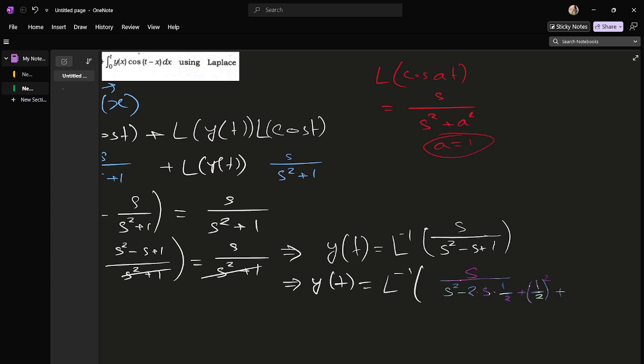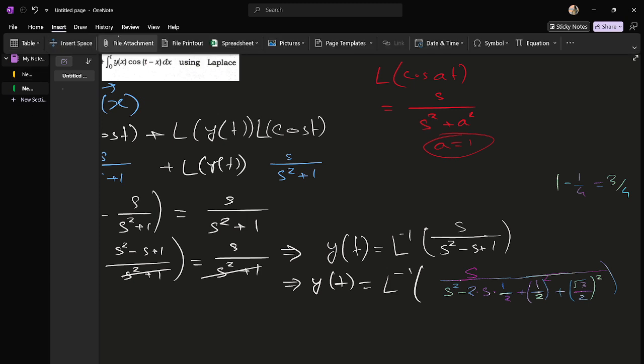Then what will be the remainder? The remainder will be 1 minus 1 by 4, which is 3 by 4. Then root 3 by 2 will be the term. Now we have s minus half whole square.